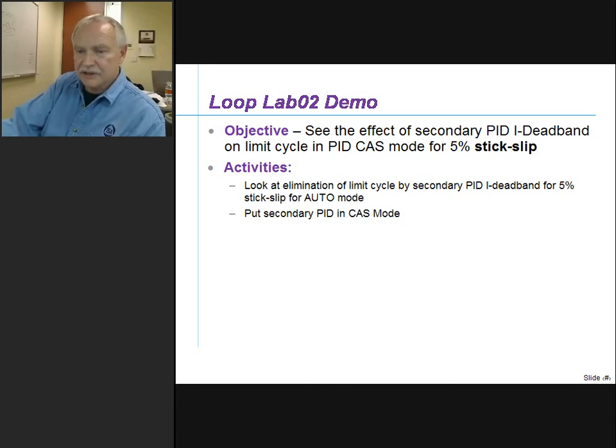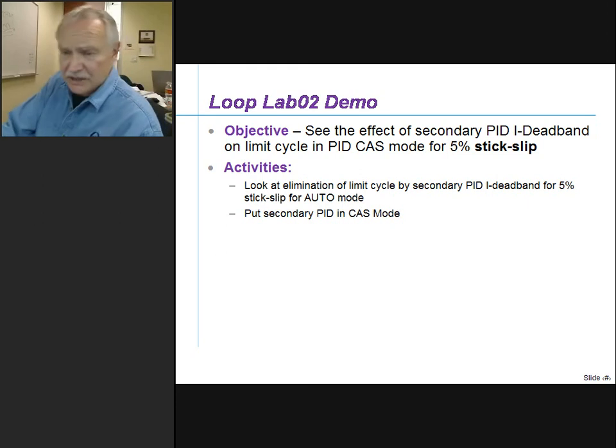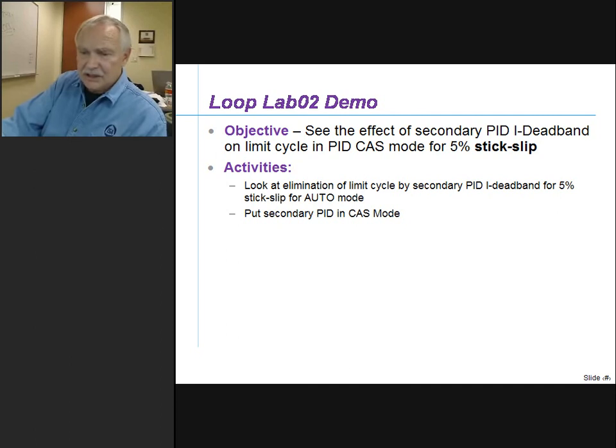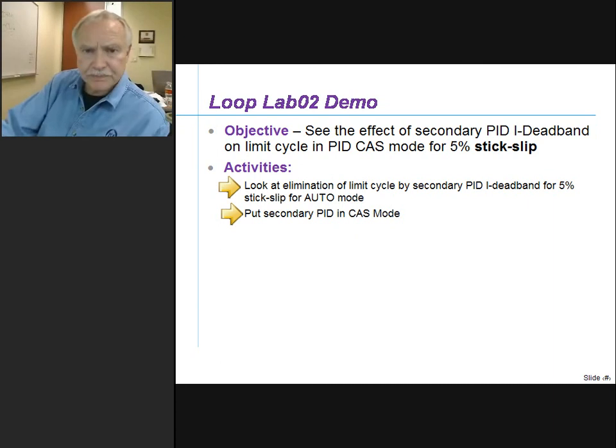Then we're going to put the secondary PID in the cascade mode to see what's the situation there. Do we still have this smooth response by just having the deadband in the secondary controller?